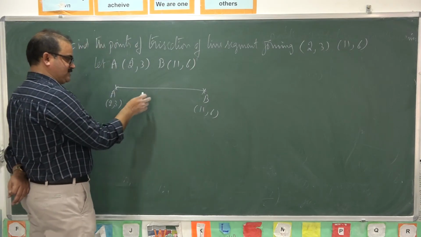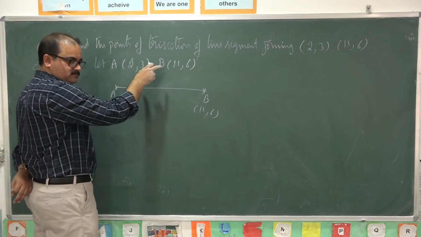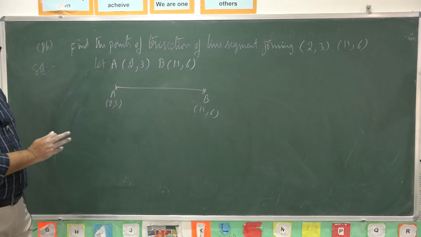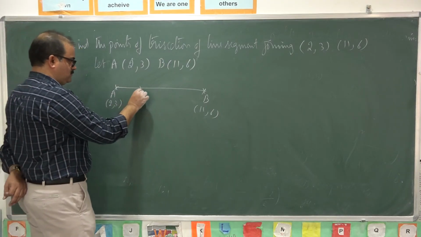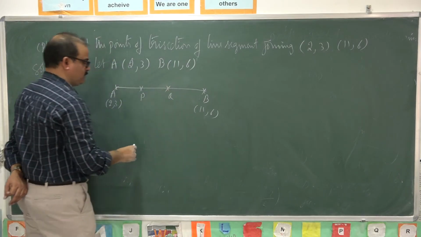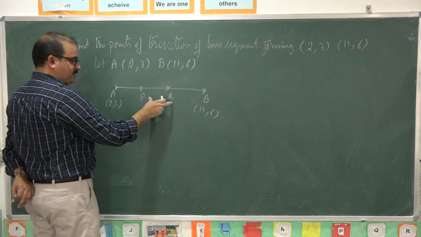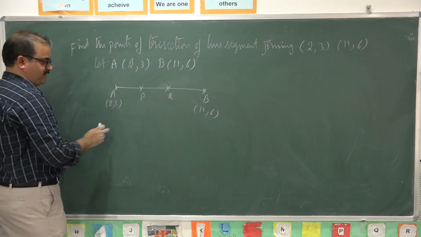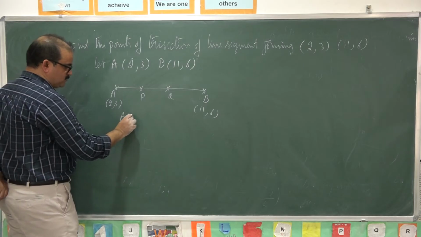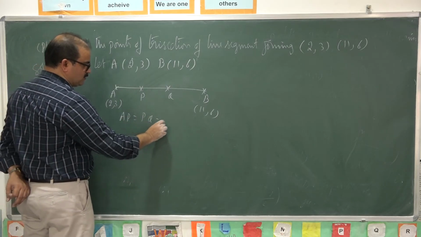Points of trisection means the points which divide AB into 3 equal parts. Here P and Q are points of trisection. Then AP is equal to PQ is equal to QB.